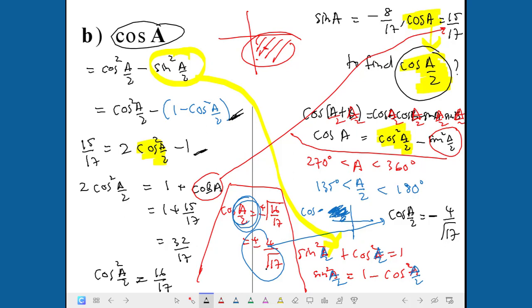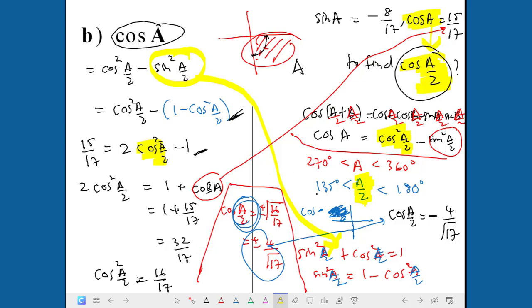But you need to check the given angle A. Angle A is in the fourth quadrant, so it lies between 270 degrees and 360. The next step, you want to find half of A, meaning A over 2, not A, so divide all this by 2.